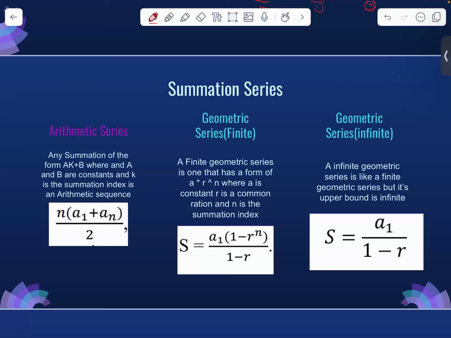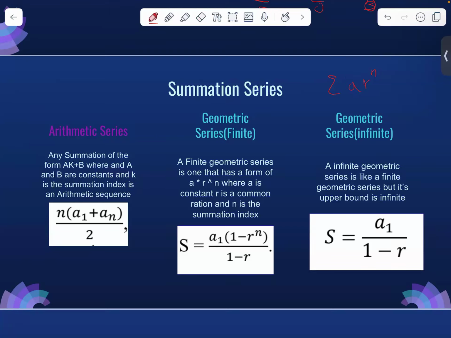And then this is what we were talking about earlier. This is a geometric series. Those are going to be the ones with the exponents. So you could have a constant a times r to the n, where r is a common ratio and n is the summation index. r would also be a number, but for drawing's sake, just so that the form makes sense, I'm going to write this as a.